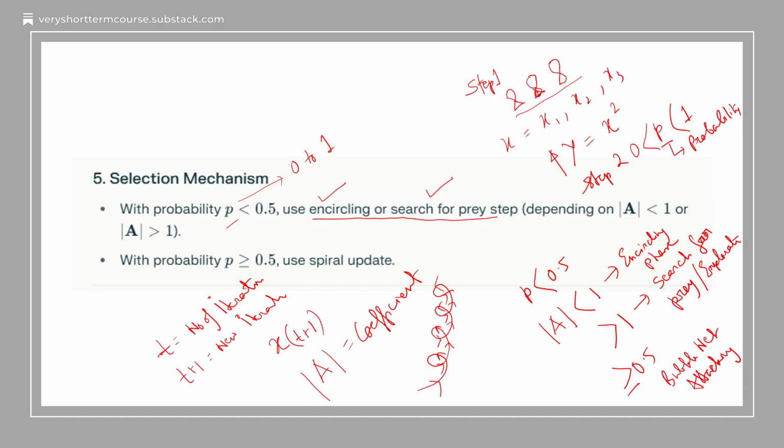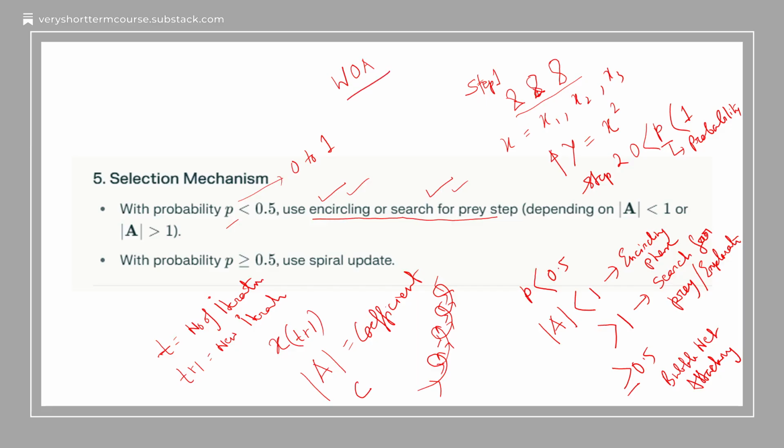And there is another coefficient also, which is capital C. Both A and C will be used in the encircling phase and search for prey phase. So that is all about whale optimization technique, or if you are writing an algorithm based on this, then it will be referred to as whale optimization algorithm, or WOA.